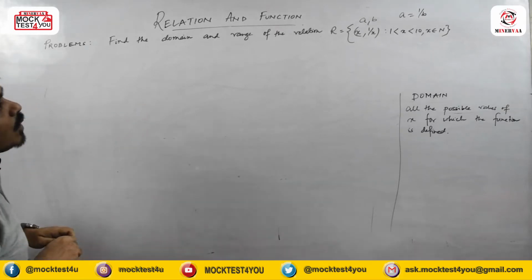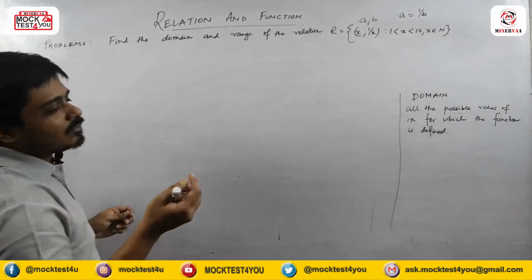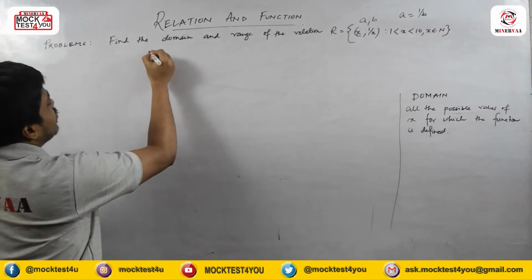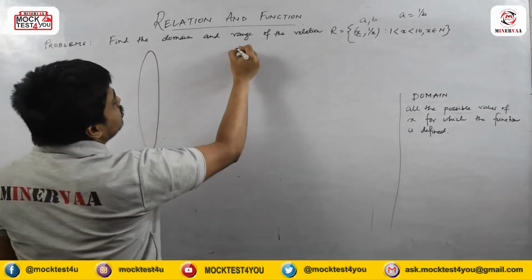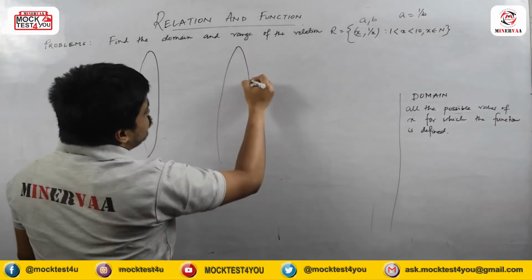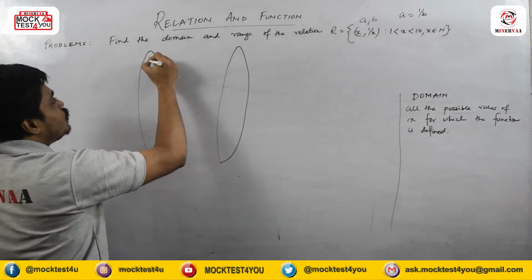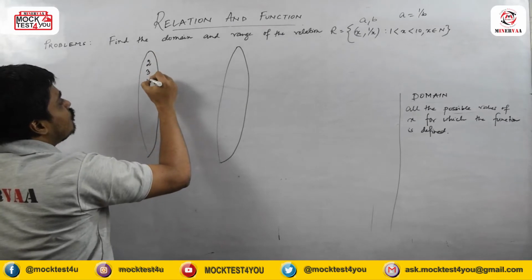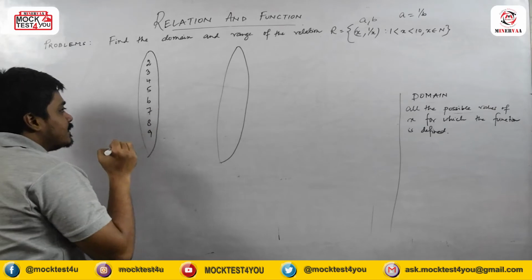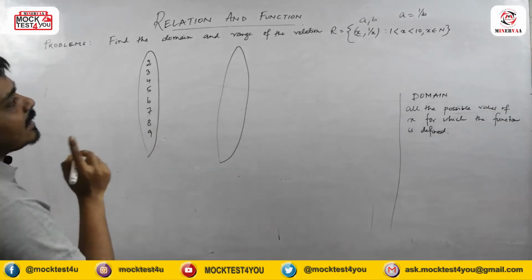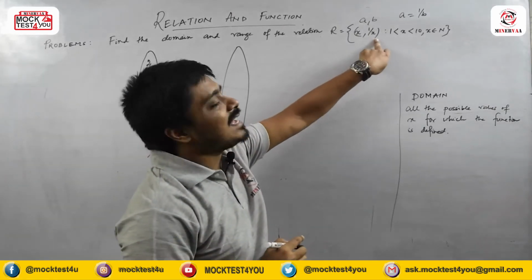So let us draw the arrow diagram. How will it look? The first natural number we see will be 2, then 3, then 4, 5, 6, 7, 8, 9. It won't be 10. Then x comma 1 by x.